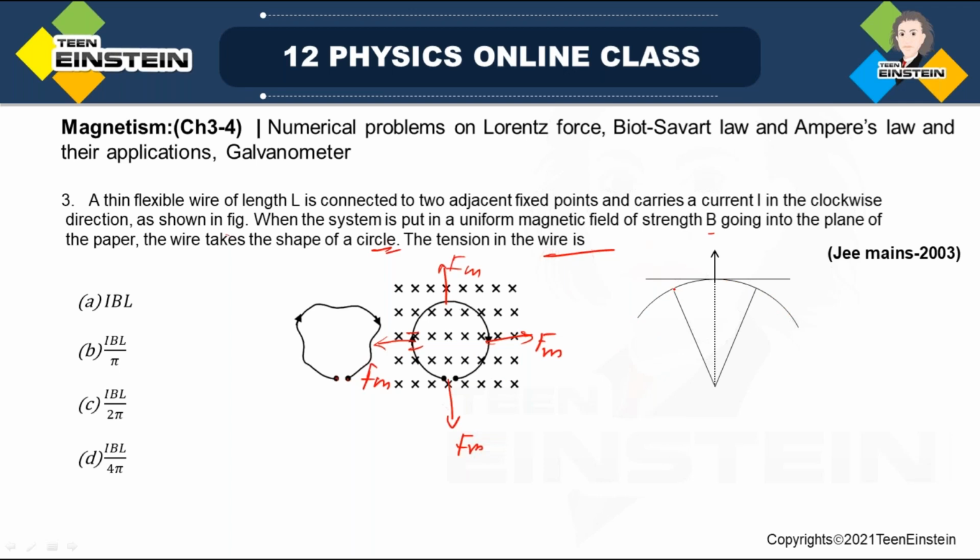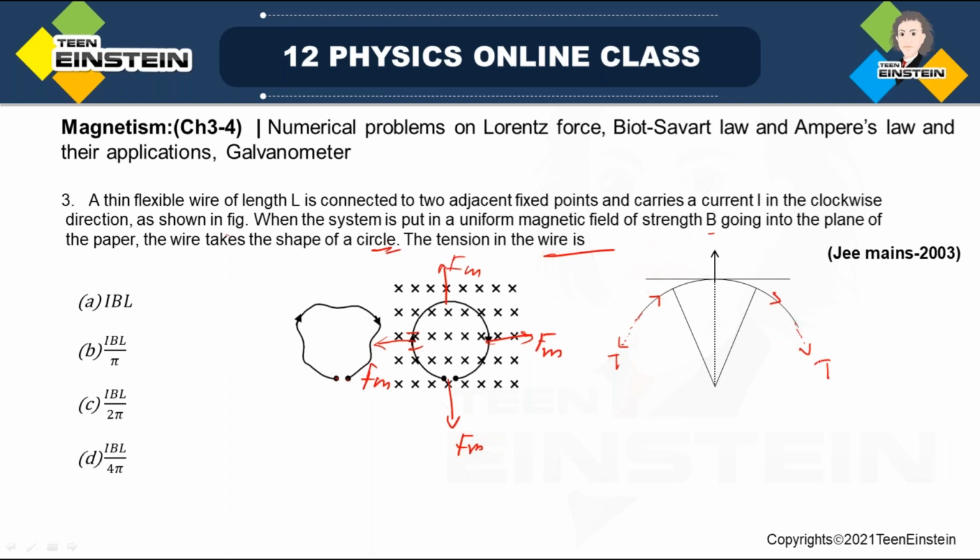Okay, and see the current is flowing in this direction like this. You know the tension will be along this direction. There will be tension along this.